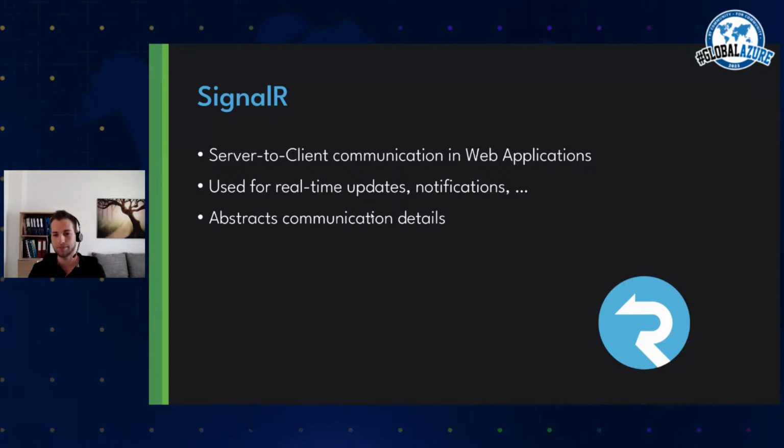You can use long polling, for example, and SignalR takes care of figuring out the best way to communicate that is available in the current situation. We don't have to care about it. We just use the SignalR API, and this whole handshake and figuring out which way of communicating should happen is done by SignalR for us.